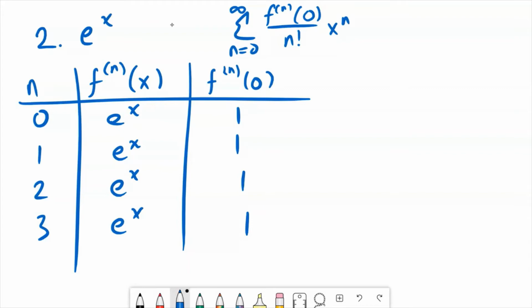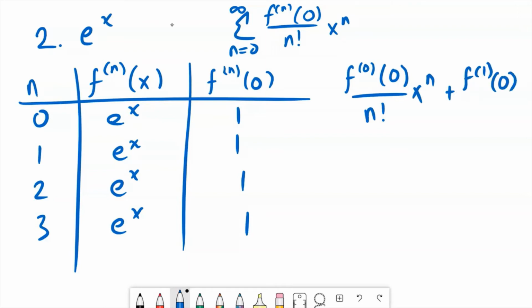So let me just write the first couple terms. Maybe you can already speed ahead of me at this point if you already know what you're doing. Just check back at the end to make sure you got the correct result. 1 factorial. Let me zoom out so I can write a bit more.